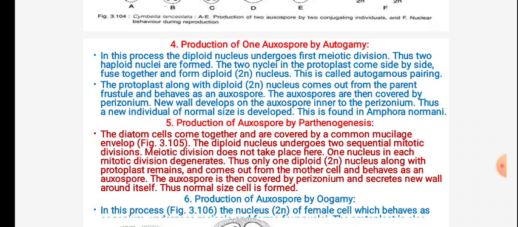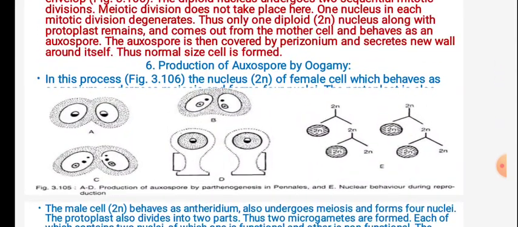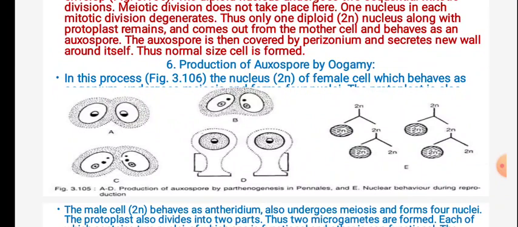Parthenogenesis means the diploid nucleus undergoes sequential mitotic divisions, with one nucleus degenerating, and thus only one diploid nucleus along with the protoplast remains, and it behaves as an auxospore. The perizonium is a covering that secretes the new wall, and a normal sized cell is formed. Auxospores by oogamy: oogamy means gametes differ in shape and size.